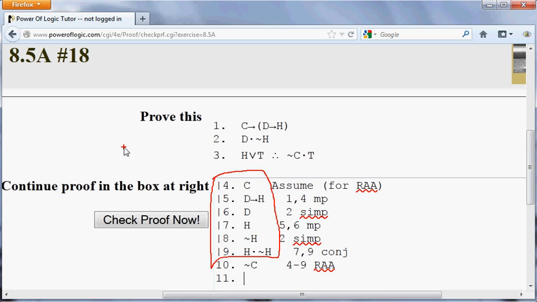So I can't use those lines anymore. They don't follow from the premises. They follow only on the assumption that C is true, which it's not, because we've proved not C on line 10. So I can't use 4, 5, 6, 7, 8, or 9 to justify any steps anymore. But I can get T, the other part of what I want to prove, using just what I've proved so far.